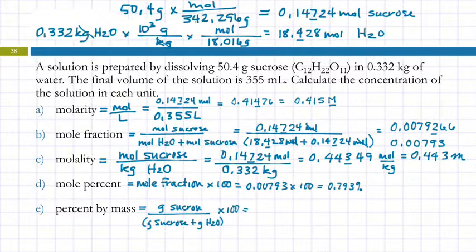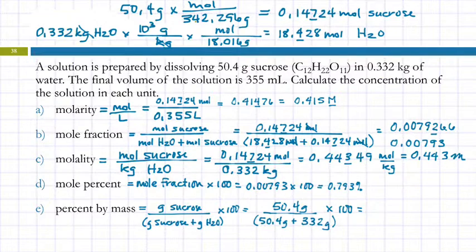Well, we were given grams of sucrose, 50.4 grams. And then down here, grams of sucrose comes in there again. And then we have to add the mass of water in grams. Well, we did that up here, so that's going to be 332 grams of water. And don't forget the times 100.